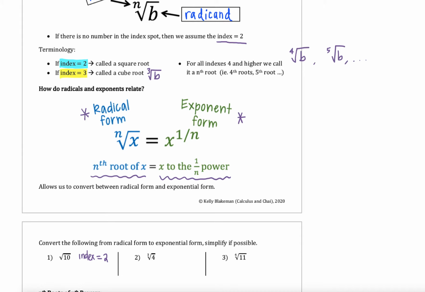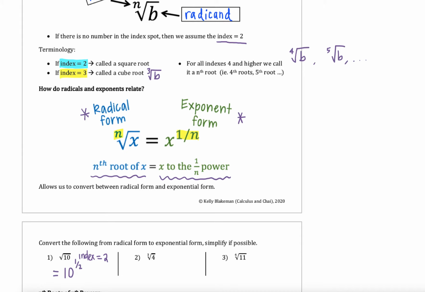Now if I want to convert that to exponential form, I'm just going to rewrite it so that I have my rational exponent instead. And by definition, whatever our index is, our exponent becomes 1 over that index when we convert to exponential form. So the square root of 10 would be equivalent to 10 to the 1 over 2 power, since our index for a square root is equal to 2.